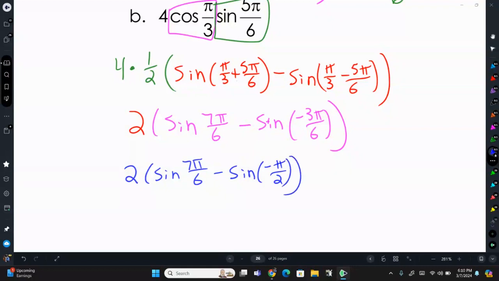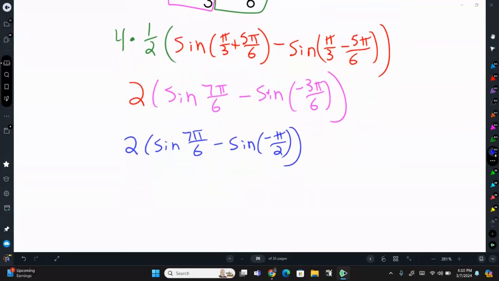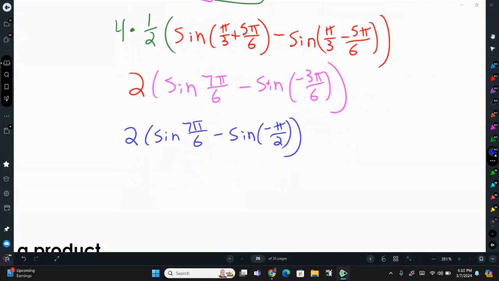And just like in the other problem, we're going to use the even and odd functions to change sine of negative pi over 2 to negative sine of positive pi over 2. So 2 times sine of 7 pi over 6 minus negative sine of pi over 2.